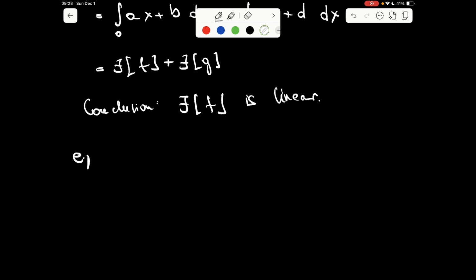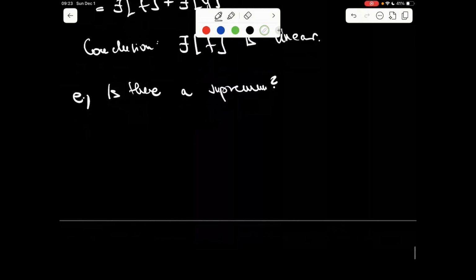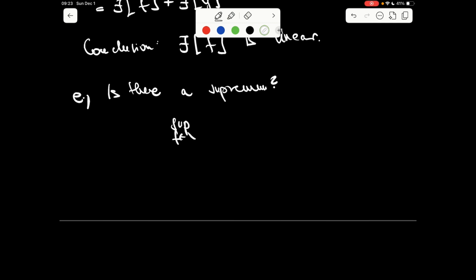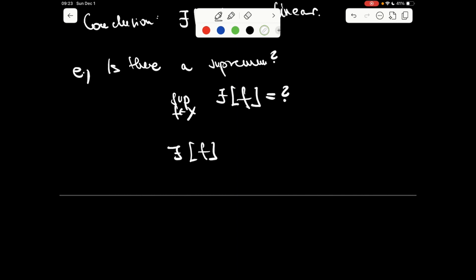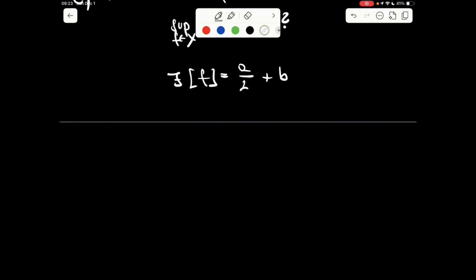Next problem, E. Is there a supremum? The short answer to this question is negative, given the fact that the functional to any function of the form ax plus b is this, the integral of any f in X. To find the supremum of this integral means that we can find an a and a b as real coefficients to find a maximum of this functional.